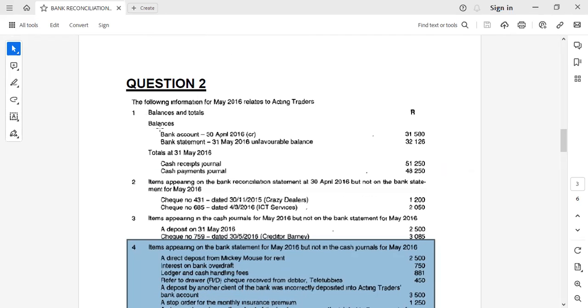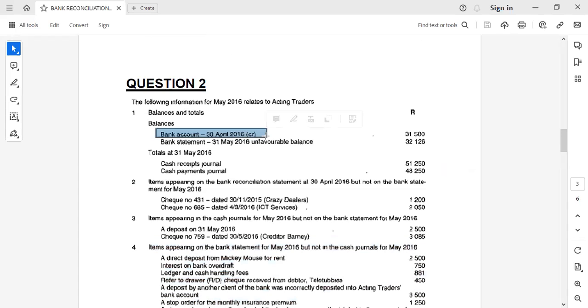This is the bank account. It doesn't go in the bank reconciliation. The balance of the bank account that goes to the bank reconciliation is the closing balance that we're going to calculate, not the opening balance. Okay, I'm just making reference. I made a mistake yesterday. It's okay, sir.